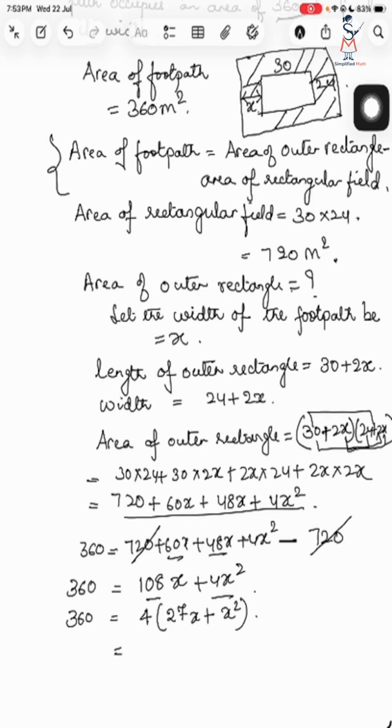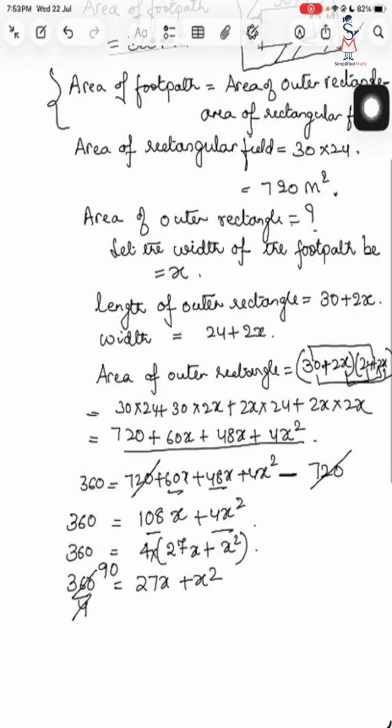Now 4 goes to the other side because it is multiplied, so 360 divided by 4 is 90. This is a quadratic form because x has a power of 2. So this will become x square plus 27x minus 90 is equal to 0.